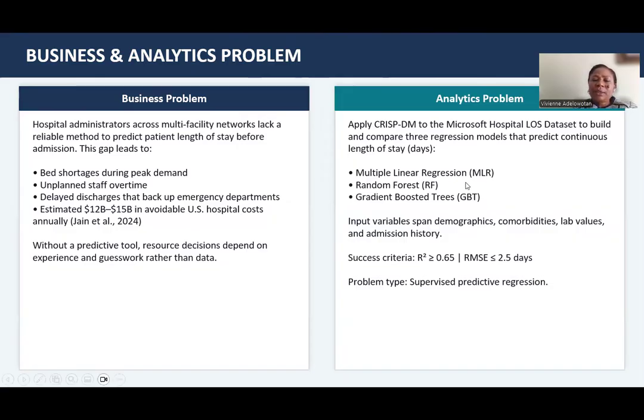If the answer is yes, hospitals can pre-schedule beds, plan nursing ratios, and optimize discharge pathways. So my analytics problem here is framed as a supervised regression task using 28 variables, including readmission count, facility ID, comorbidity flags, and lab biomarkers.